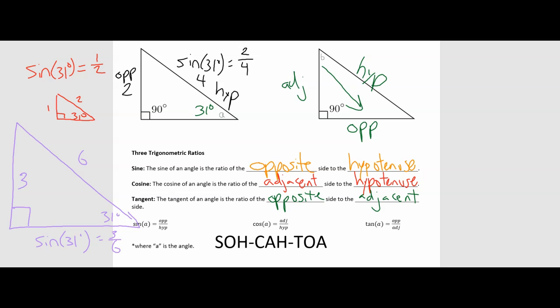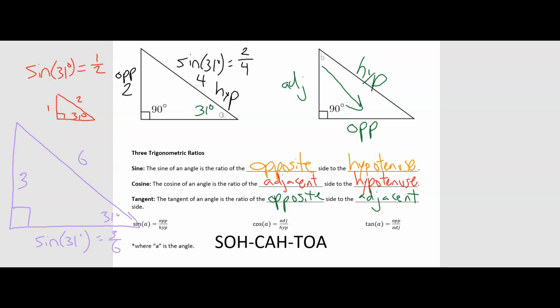So if you have a bunch of right triangles with the same angle measurement, in this case, it's 31, and you take the ratio of the opposite and hypotenuse sides, that ratio will be the same for all of those triangles. It doesn't matter how big the triangles are, doesn't matter how small.